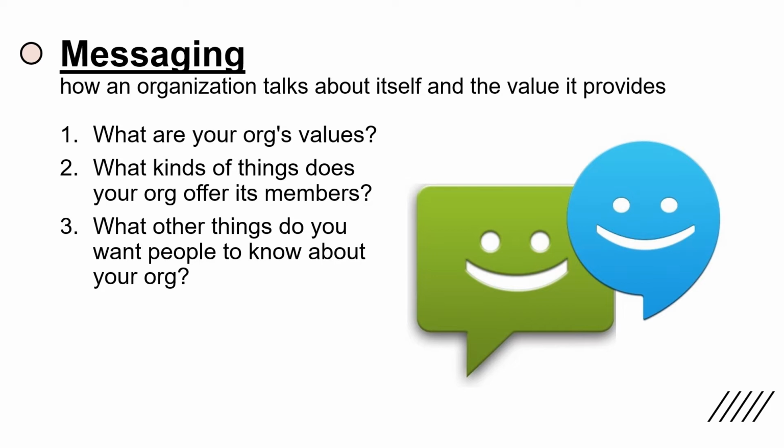So 1, think about your values. 2, what kinds of things do you offer to your members? And 3, what kinds of things do you want other people to know about your organization? And make sure all of your messages reflect at least one of these.